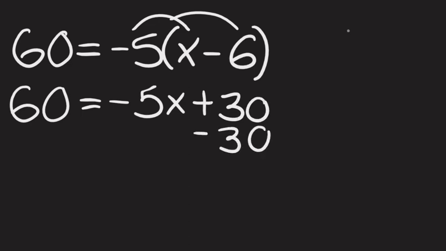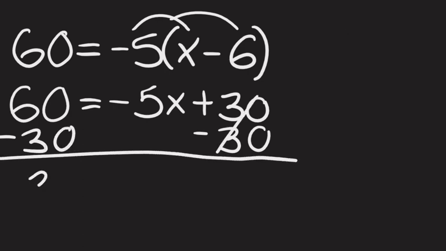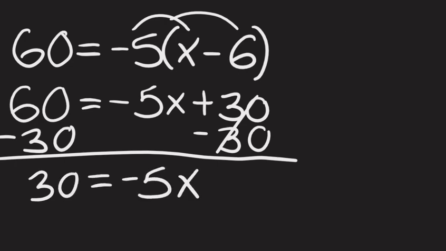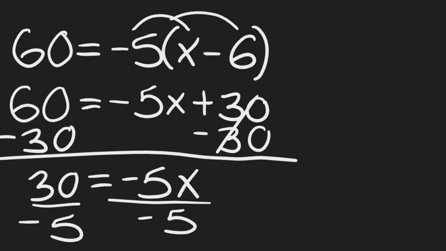Next, we're going to subtract 30 on both sides, and we're going to end up with 30 equals negative 5x. The last step to get x by itself is to divide by negative 5 on both sides. And we will get negative 6 equals x.